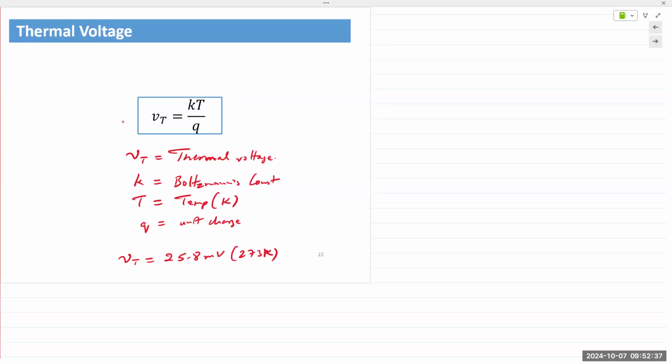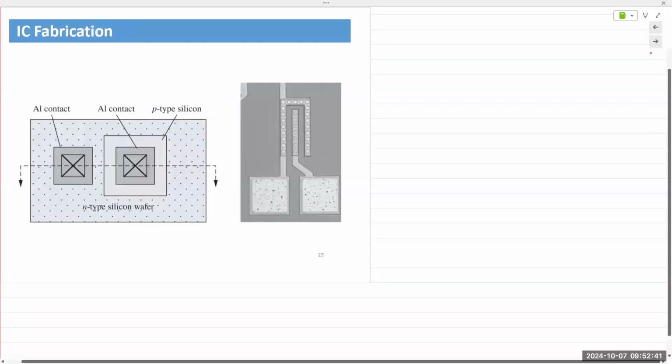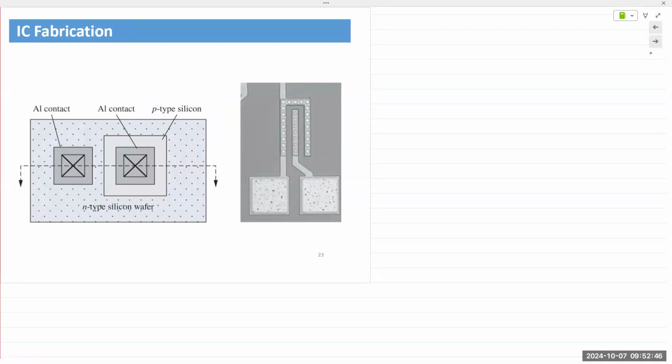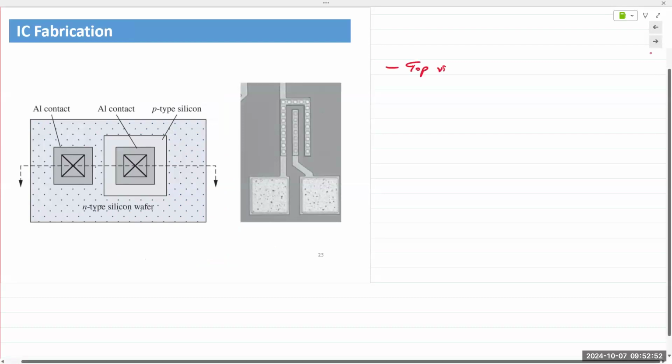Anyway, IC fabrication is an entire field of study by itself. But as engineers, you should still be familiar with a couple of steps of this process. So right here, I have the top view of a simple device.